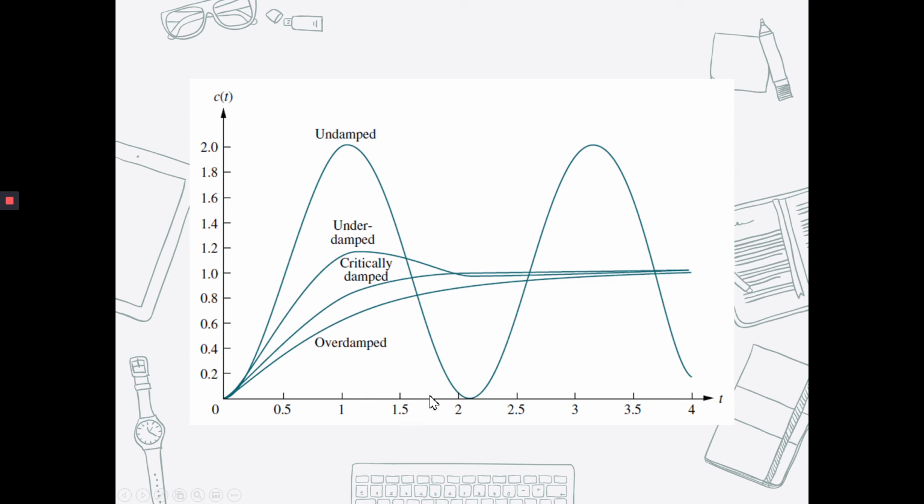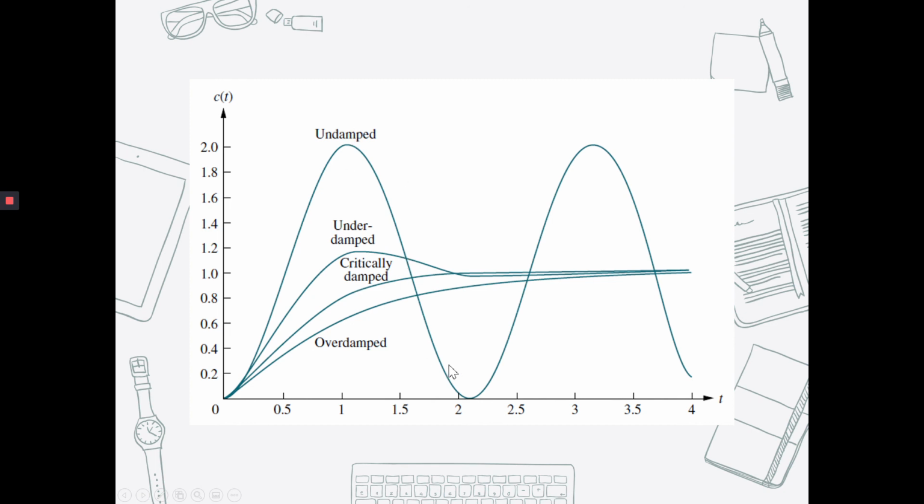Notice that the critically damped case is the division between the overdamped case and the underdamped case, and is the fastest response without overshoot.